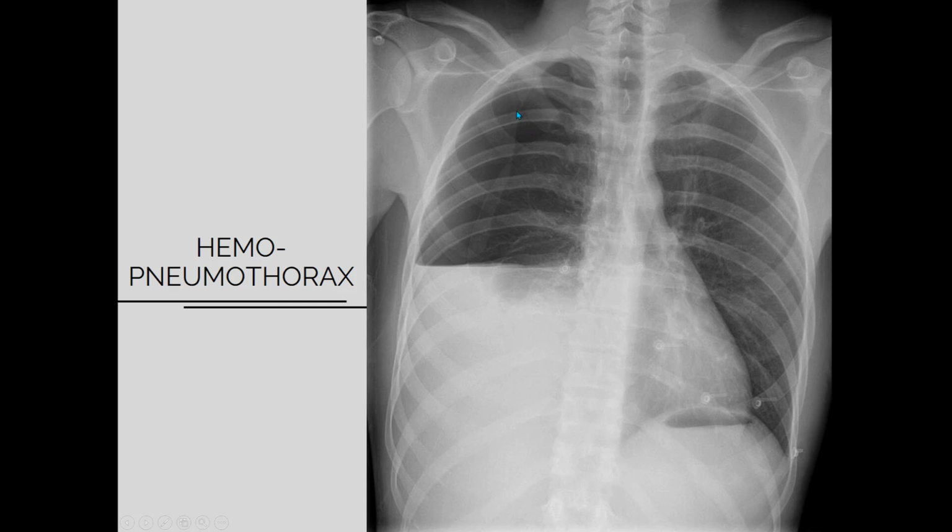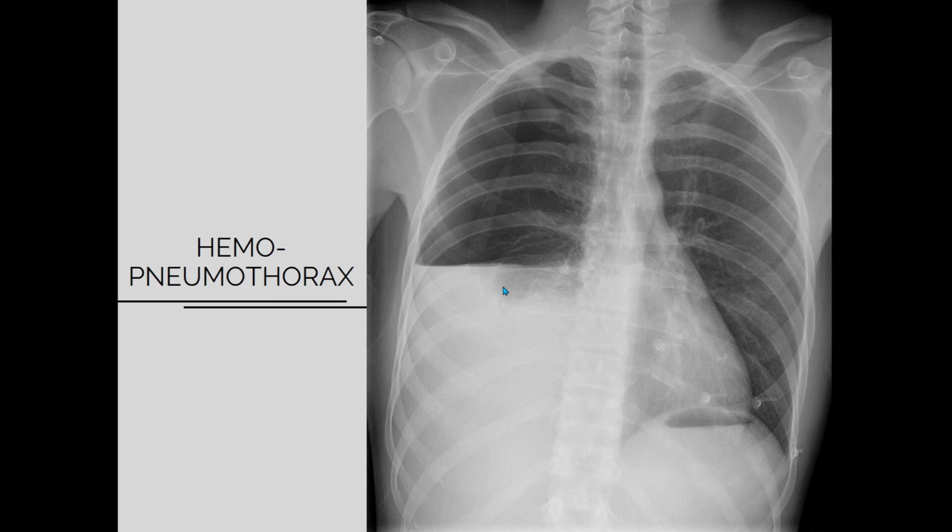Because you can see the scapular margins very clearly, so that is AP erect. The other very important thing is that since there is an air fluid level, and we have told you earlier that in trauma cases, whenever there is fluid, that is blood until proven otherwise.